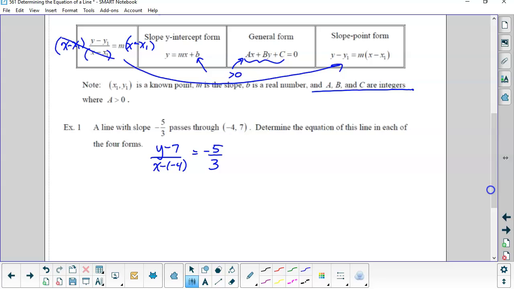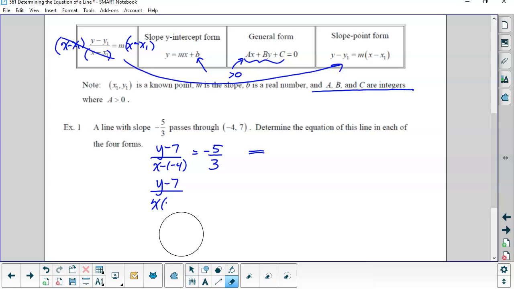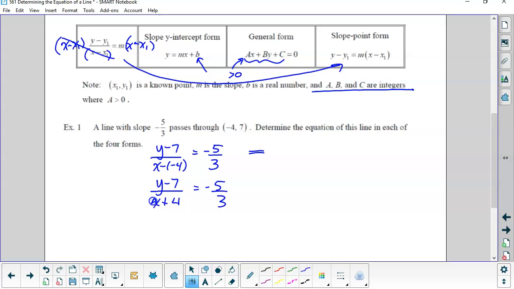Now, kind of easier, actually I'll just simplify those negatives. So here, okay, so now we're going to put this in the different forms.